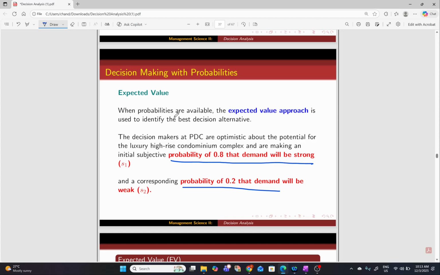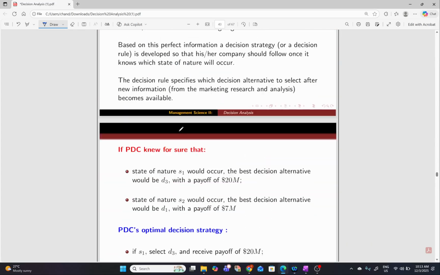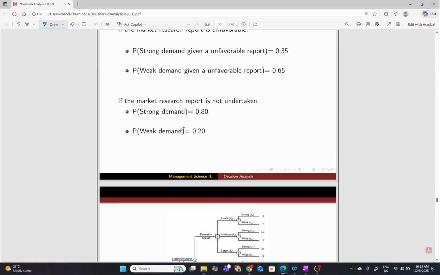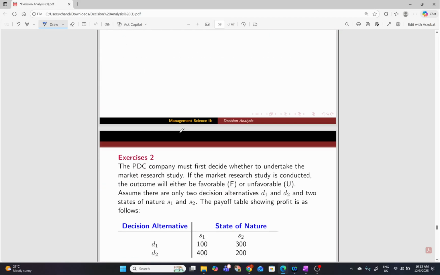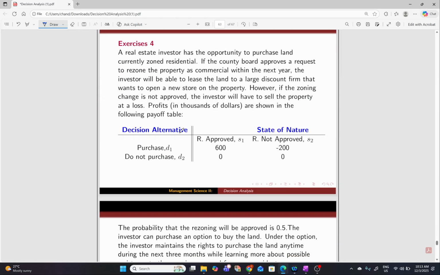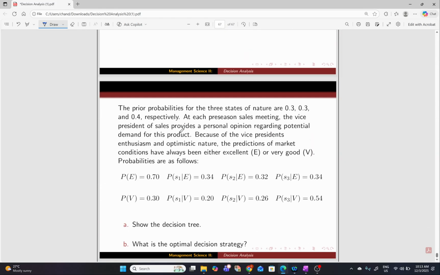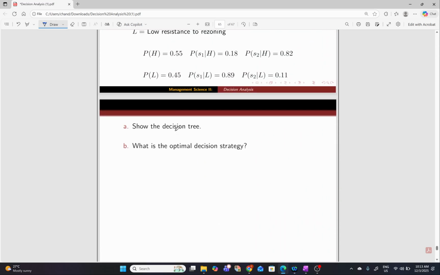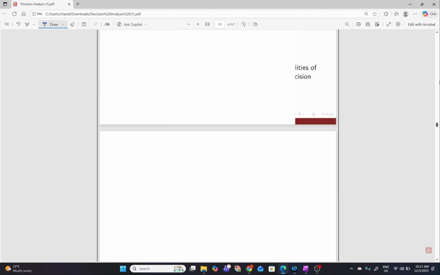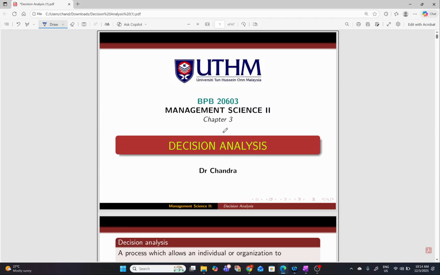Ni bawah ni ada exercise 1, exercise 2, 3, 4 and 5. Semua ada. Saya bagi jawapan dengan latihan. Nanti you buat, you check jawapan. Tu je. Okay. So sekejap. So that's kejap saya nak tutupkan dia punya video kejap. So that's all for chapter decision analysis.